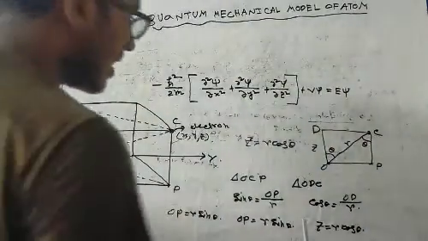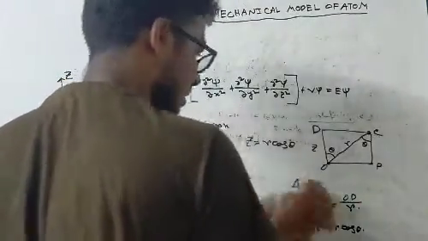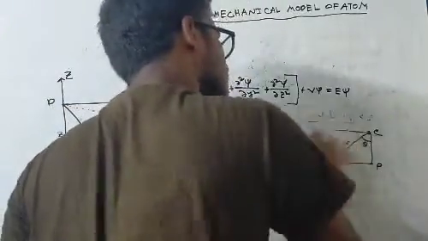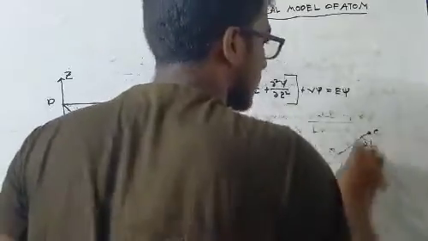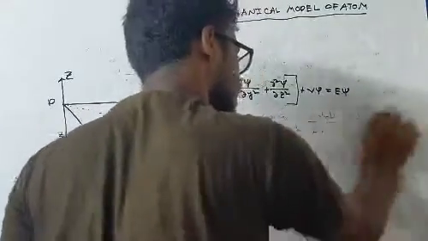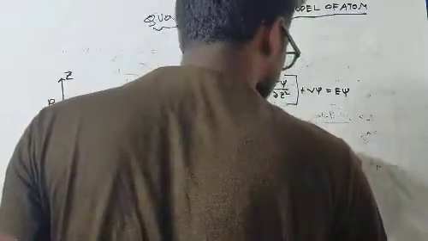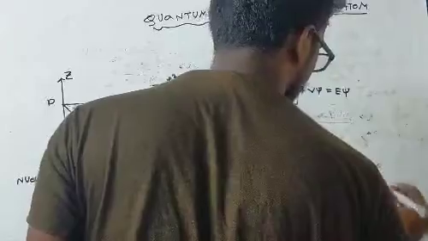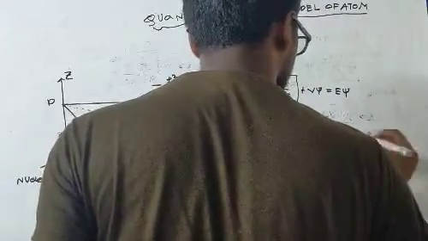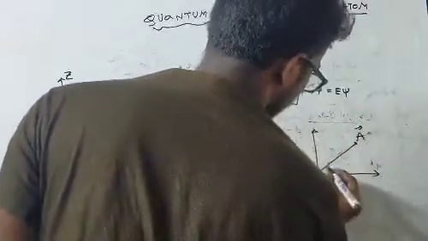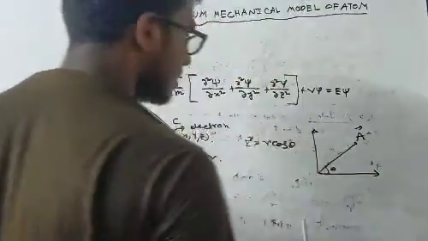Now the general concept is that, let's say any vector A is present and this vector makes an angle theta with the x direction, and this is the y direction.